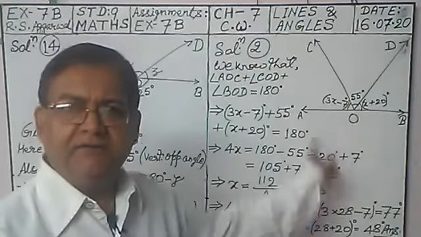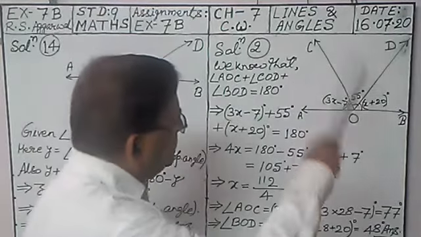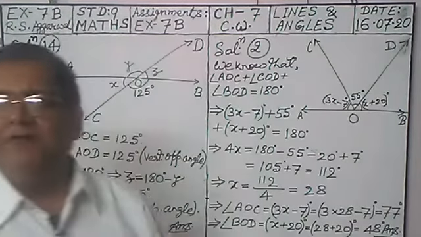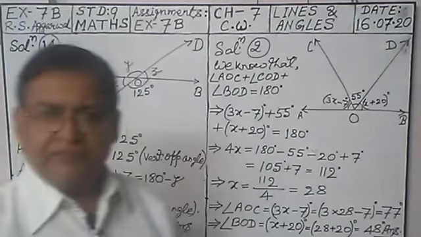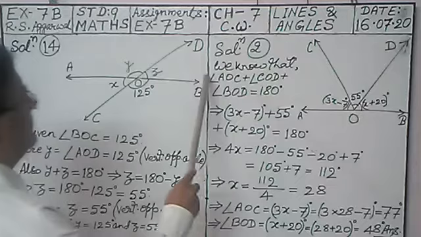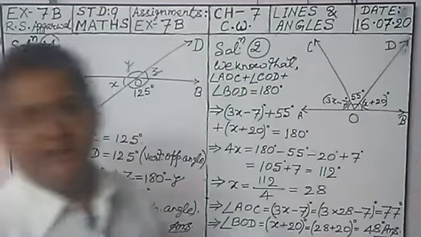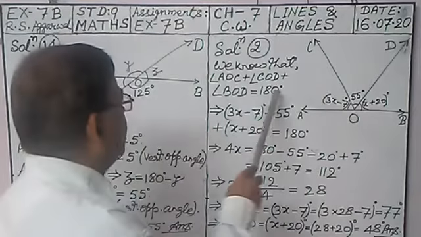Adding all three, at O the value of a straight angle is 180. So summing these three angles, angle AOC plus angle COD plus angle BOD equals 180 degrees, the value of the straight angle.